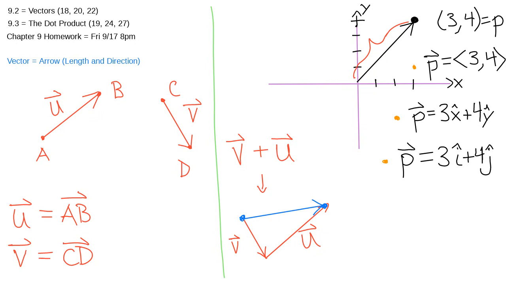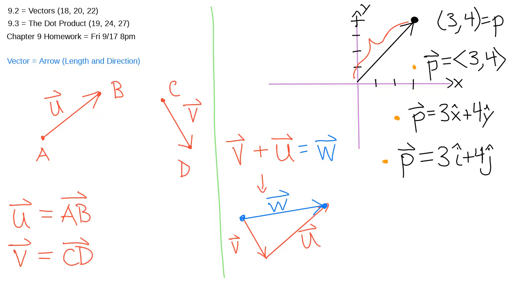If I'm going to say V plus U equals the vector W, then this blue vector is W. That's how you add vectors.